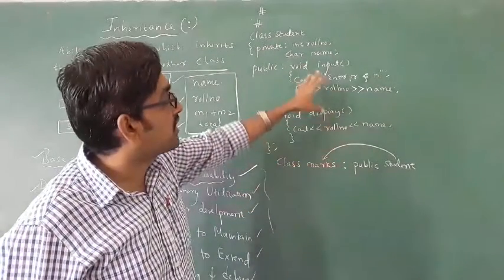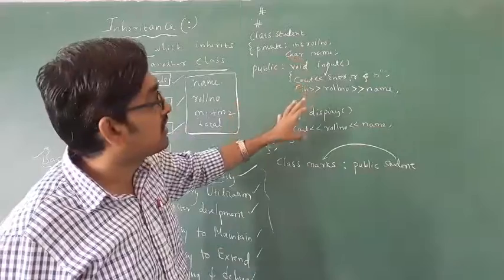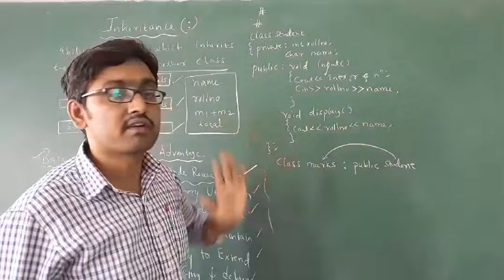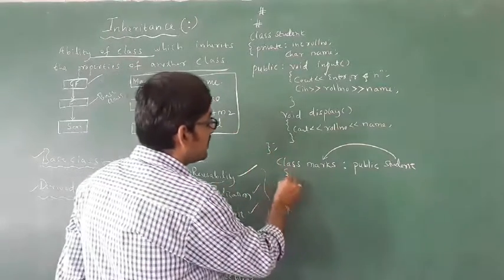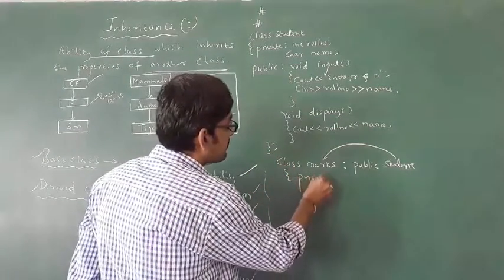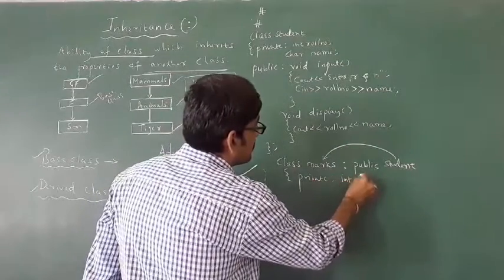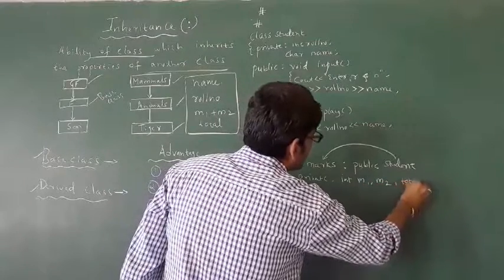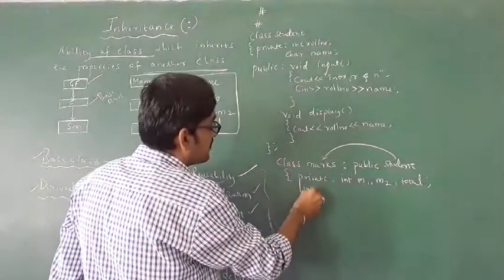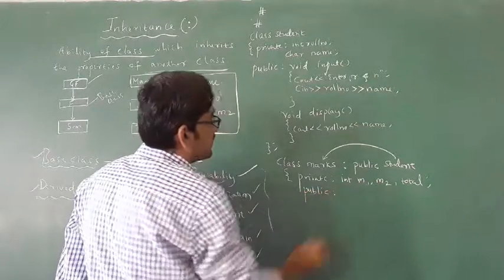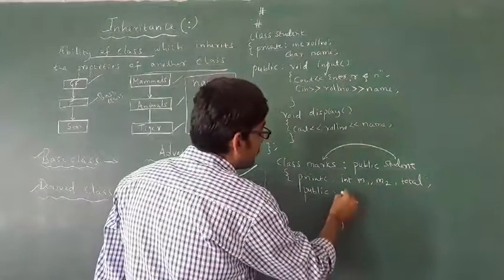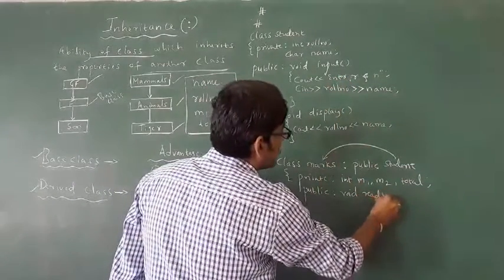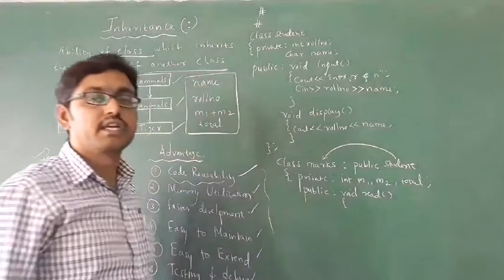Data members like roll number, name are inherited to this marks class. In the marks class I am taking private int m1, m2, then total, then in public I am creating void read. Here I am taking input, you can write read or anything.